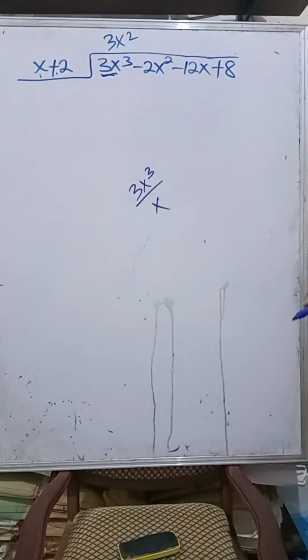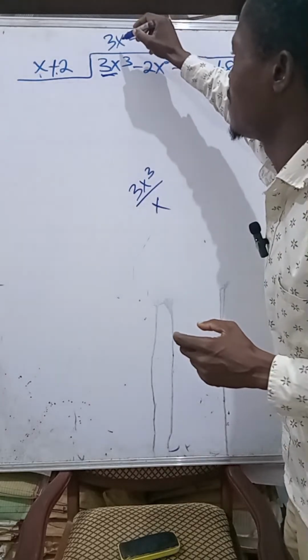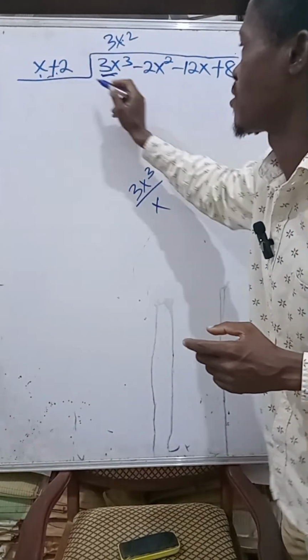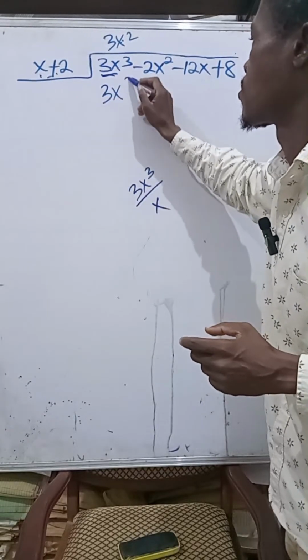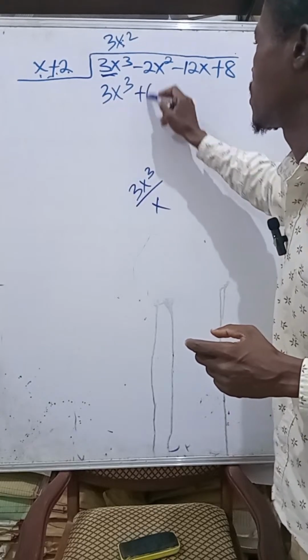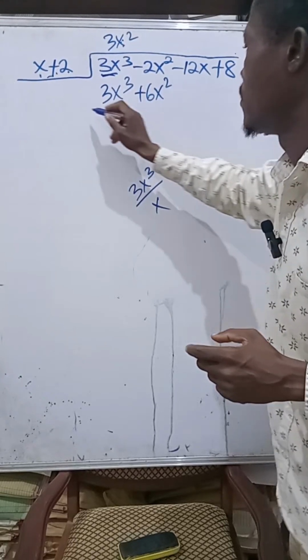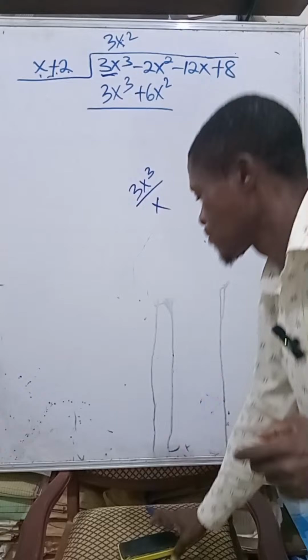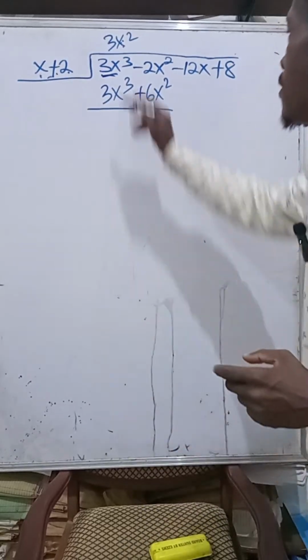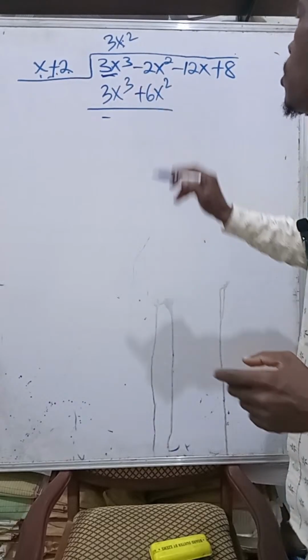Then you multiply this by the divisor. 3x squared times x gives 3x cubed. 3x squared times plus 2 is plus 6x squared. Then you subtract. This one minus this one is 0.